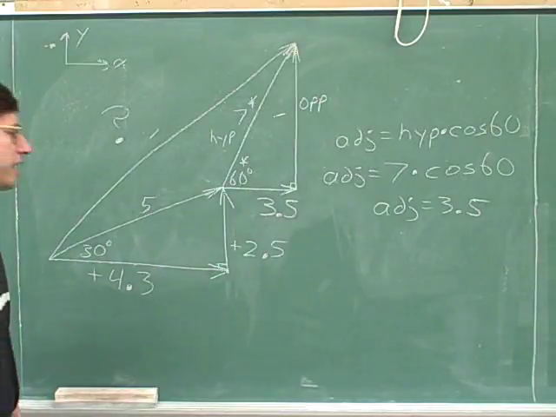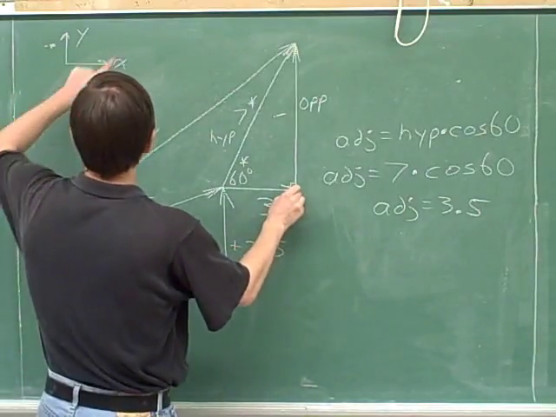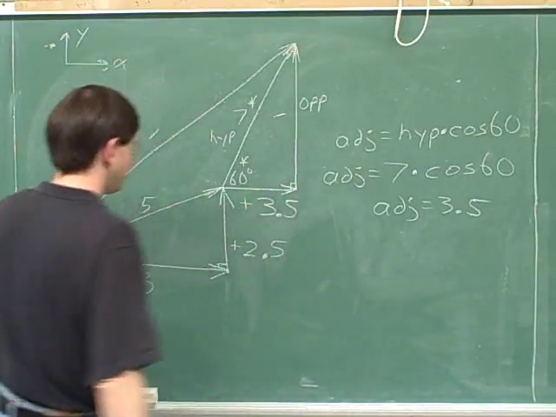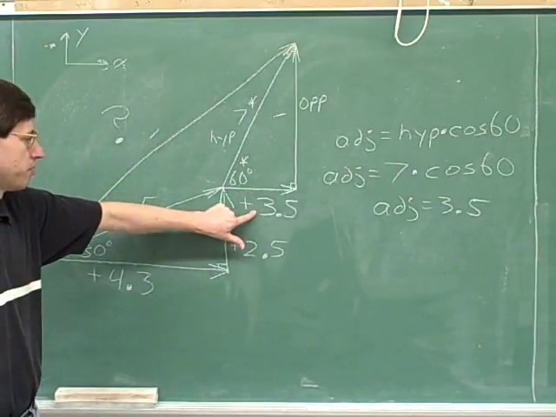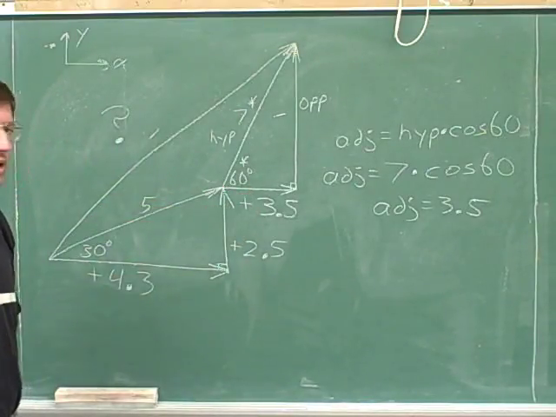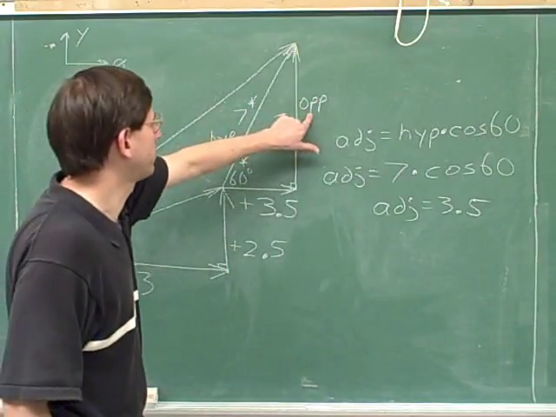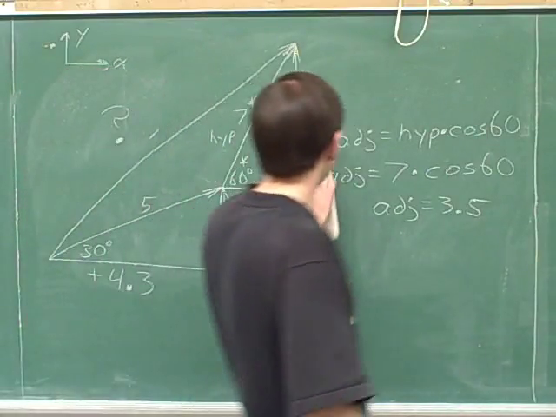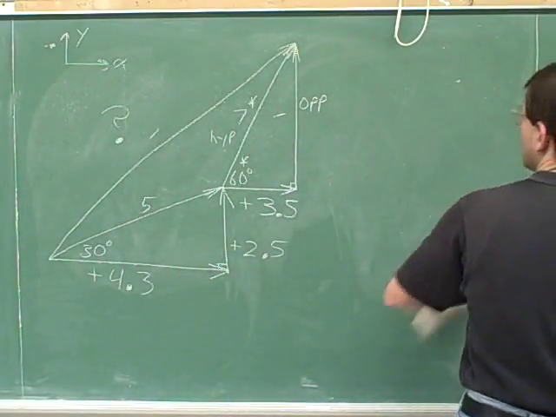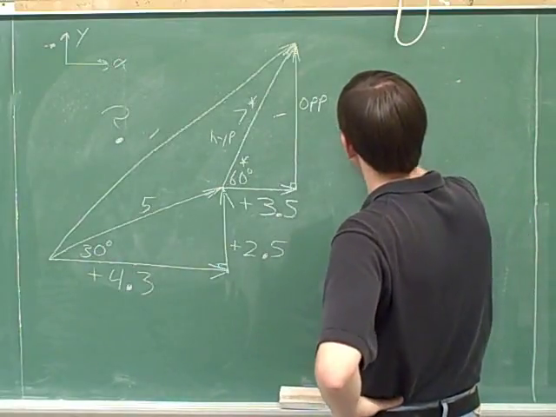We have to indicate its sign. Well, this component is pointing to the right, which is our positive direction. So this horizontal component is positive 3.5. We've got one more component to work out. The opposite side.